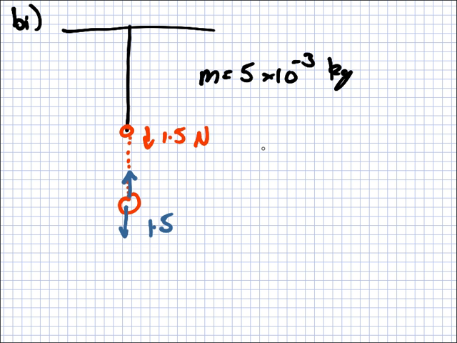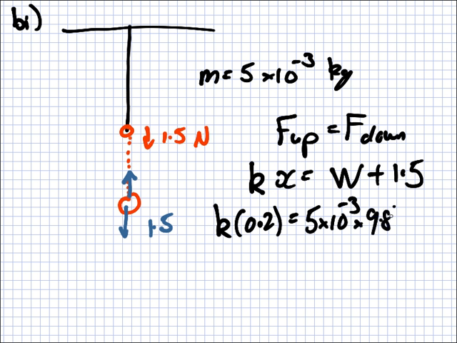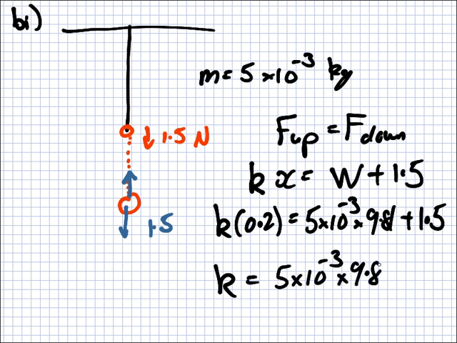So I think if we use the formula, force up equals force down. So up is Kx and down is weight plus 1.5. Yeah. So K we don't know, X we do know, weight we do know, and that's 1.5. So then K is 5 times 10 to the minus 3 times 9.81 plus 1.5 over 0.2.